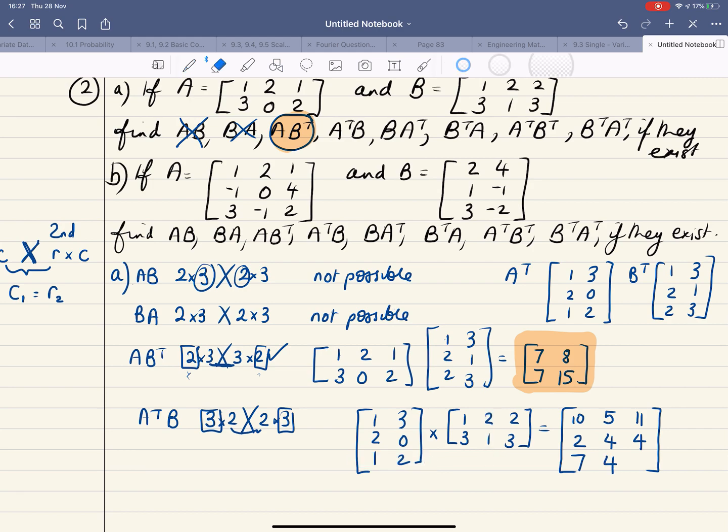And then the last thing that we need here, bottom right, is third row, third column. 1 times 2 plus 2 times 3, 2 plus 6, which is 8 in there. Okay, so hopefully you can see where that comes from. So that one does work, and I've used blue for that one.